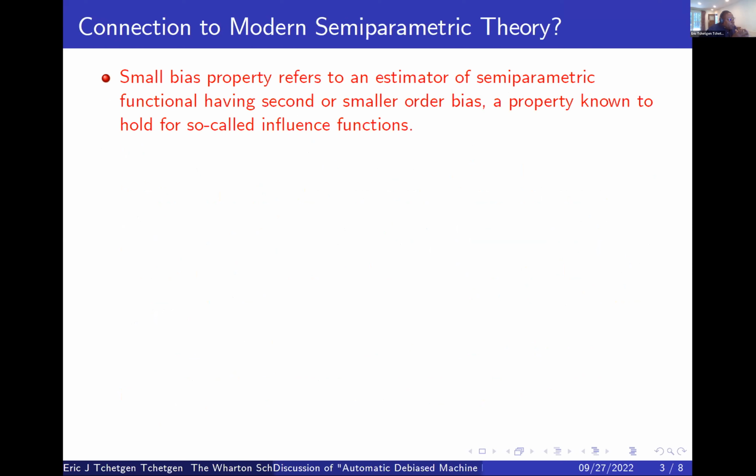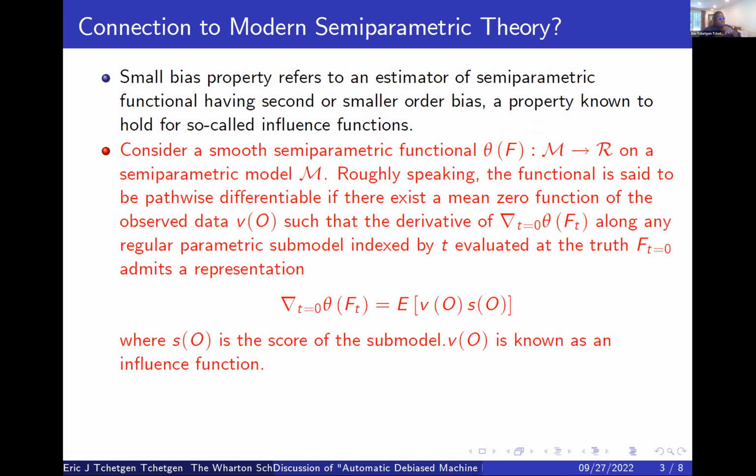The small bias property refers to an estimator of a semi-parametric functional having second or smaller order bias, a property known to hold for so-called influence functions. What is an influence function? As you can see, this gets increasingly technical.